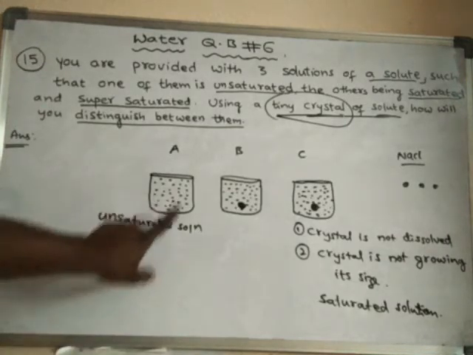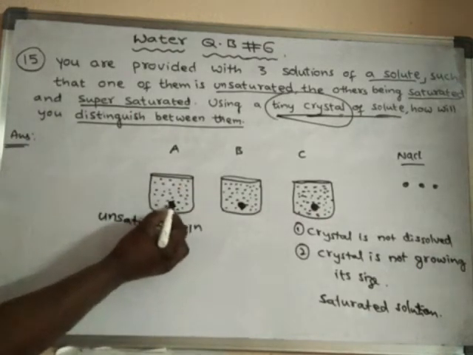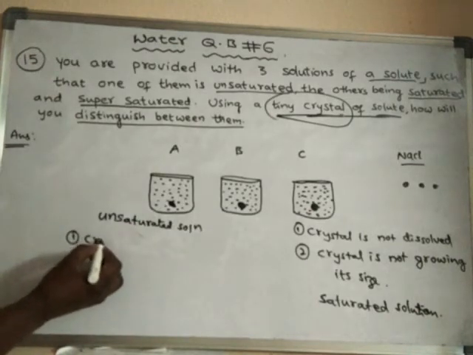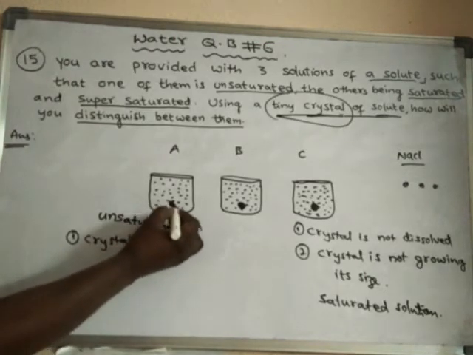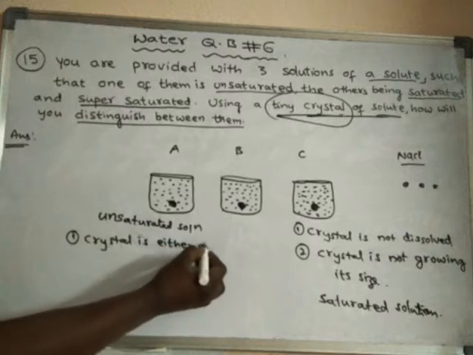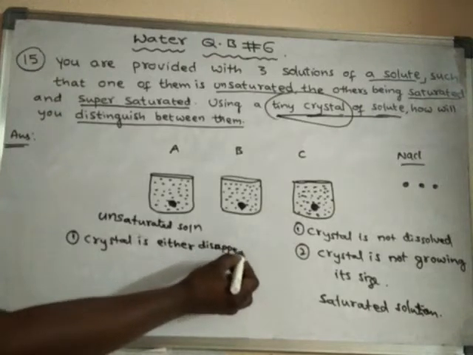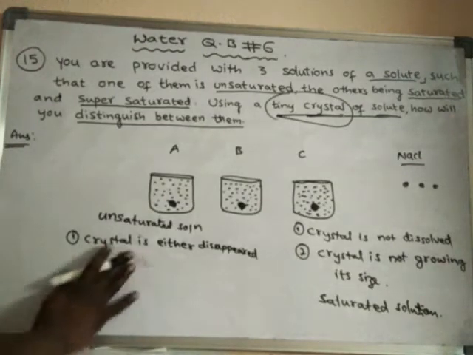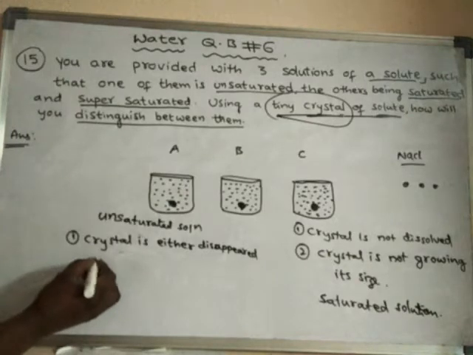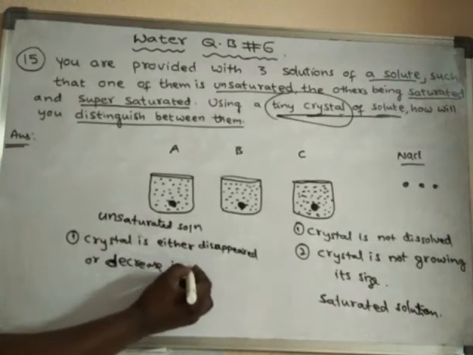So if one is unsaturated and another one is saturated, why is it a saturated solution? Because the crystal either disappears or decreases in size.